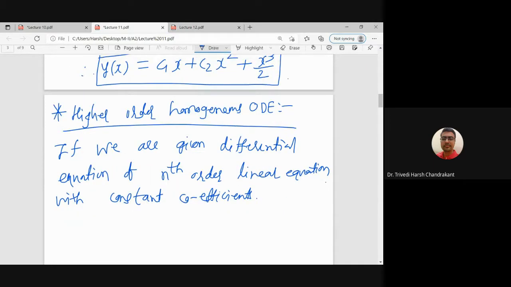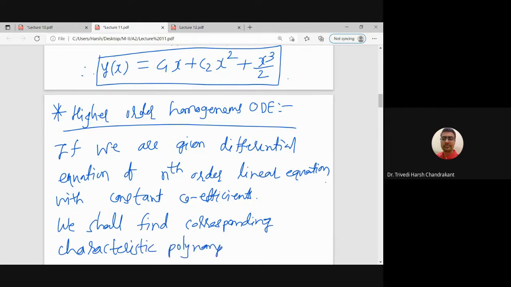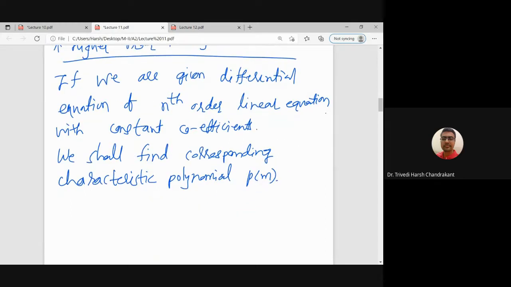So such equation is given, then we know that whenever we are given nth order ordinary differential equation with constant coefficient, we shall find the corresponding characteristic polynomial P(m), right? And depending on what are the roots of the corresponding characteristic polynomial, we have three cases.